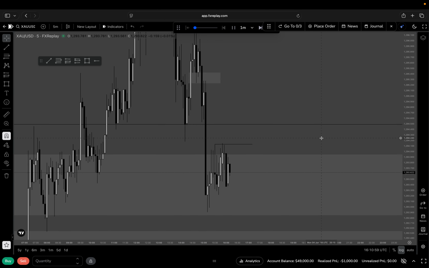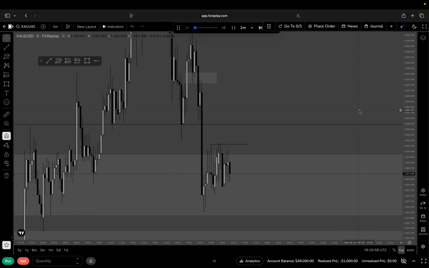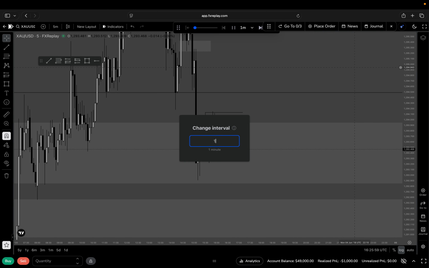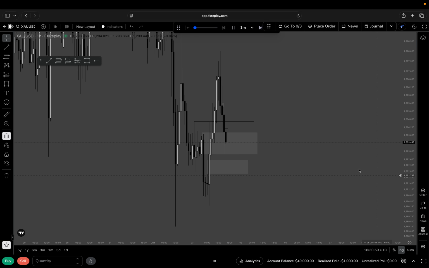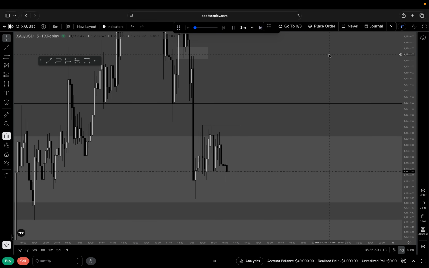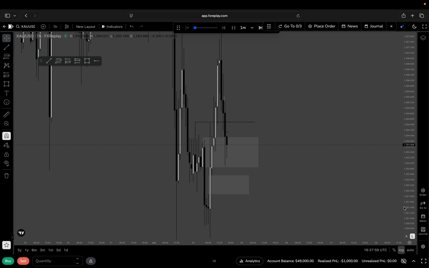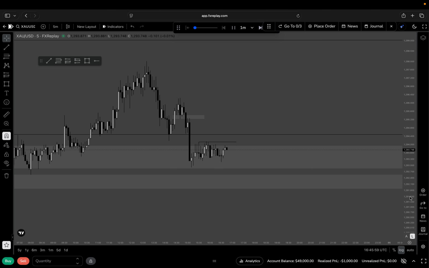See what displacement we get. 1 hour is still bullish. 1 hour is still bullish. We're just waiting for a reaction. And on the 1 hour, we still haven't taken any highs yet. So let's see what we get.